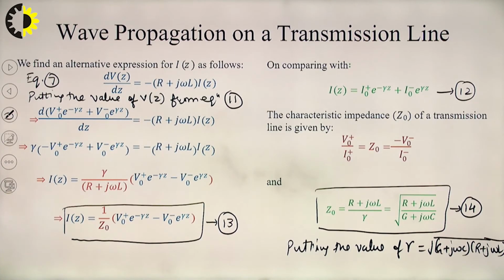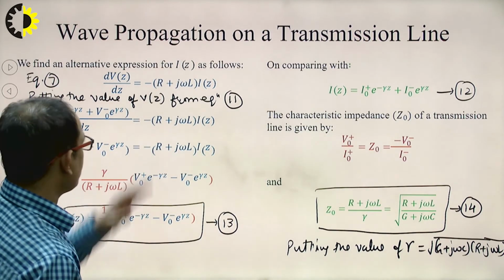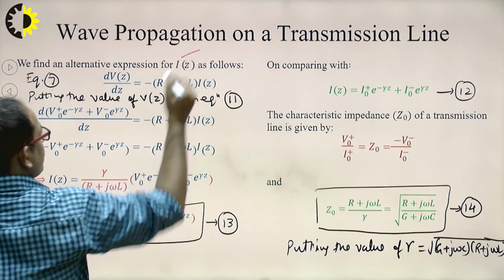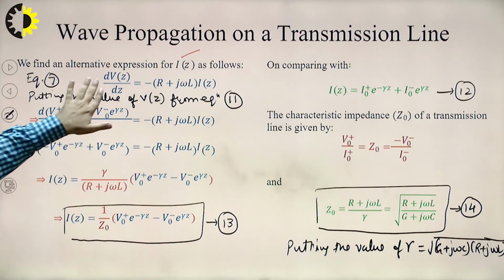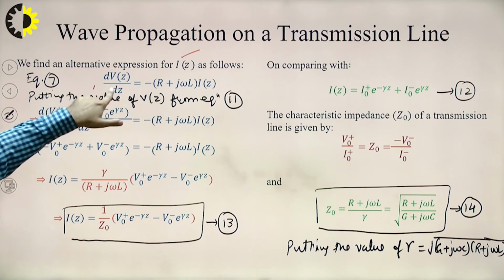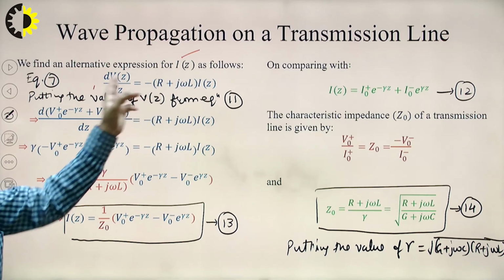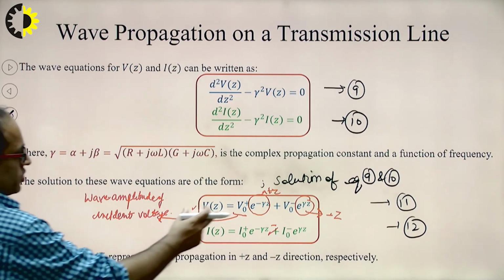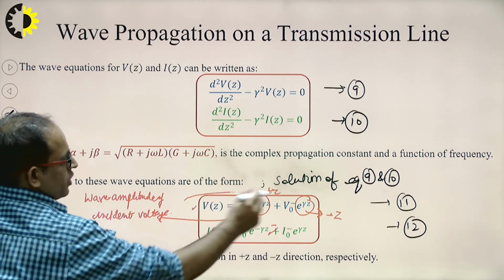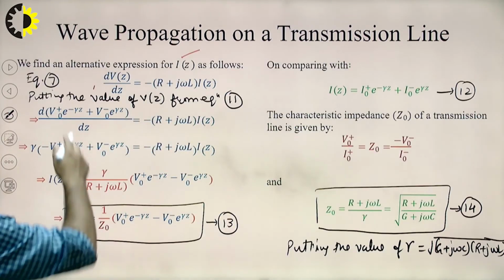Clear? Now another method for finding I(z). As we know, equation number 7 is dV(z)/dz equal to minus of (R plus j omega L) I(z). Put the value of V(z) from this equation to this value.